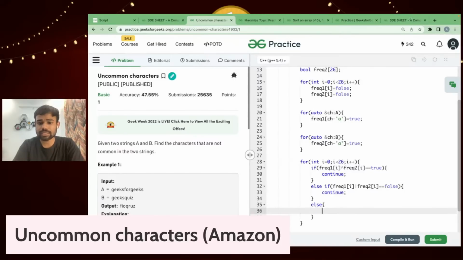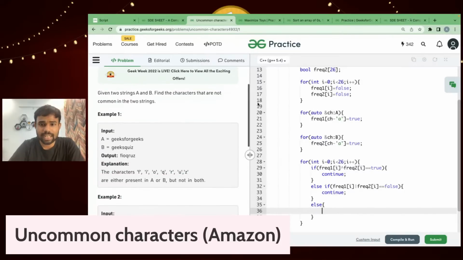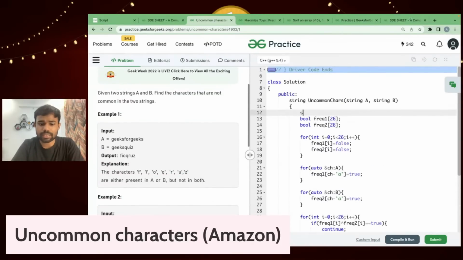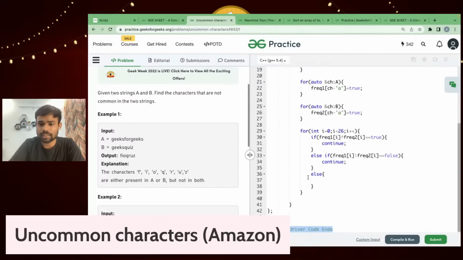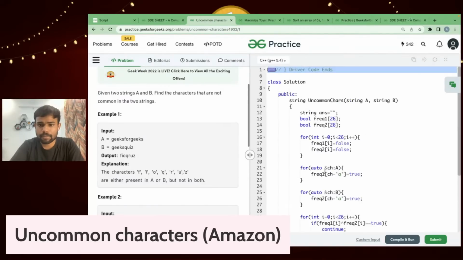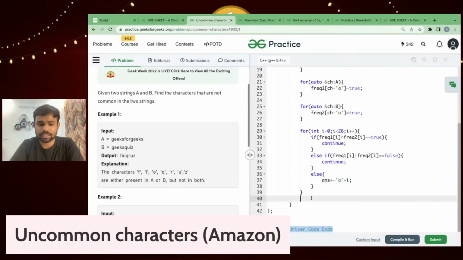In the else case, we will take that. Because you have to output a string, let's take an empty string, let's say answer, and then in that string we will add the character, which is I. And after this we can just return this particular string, which is answer.